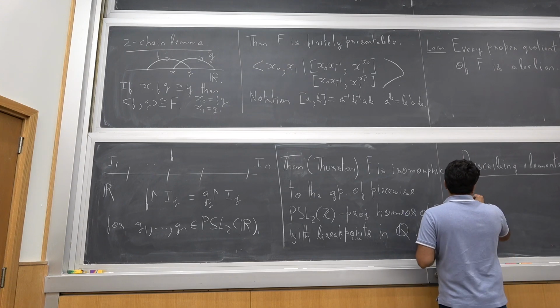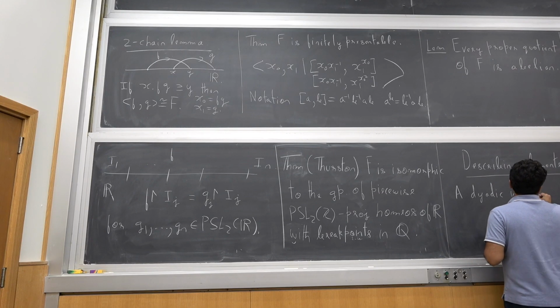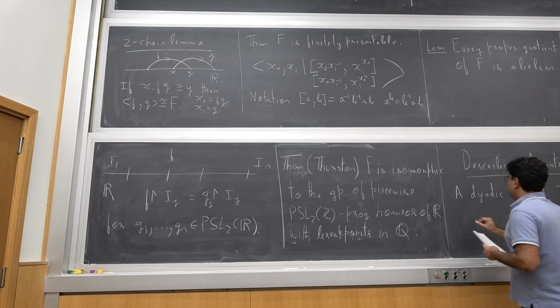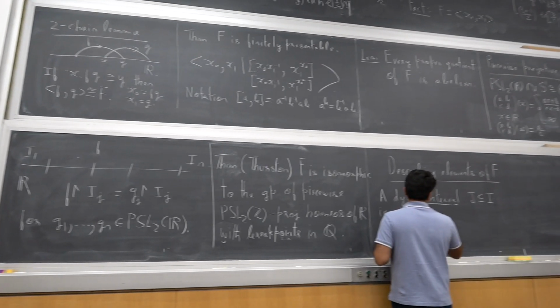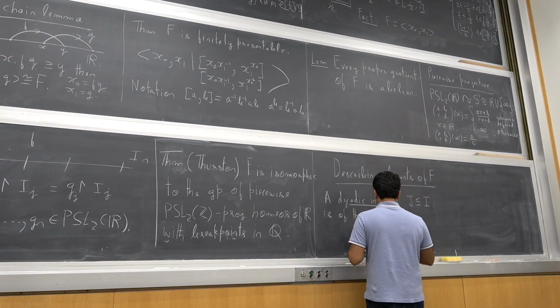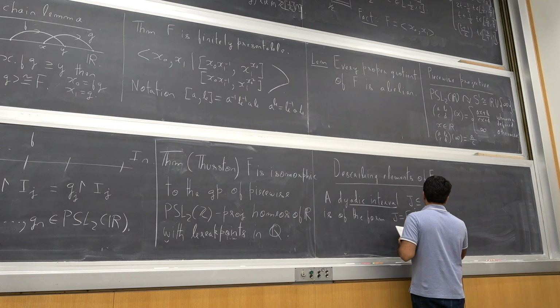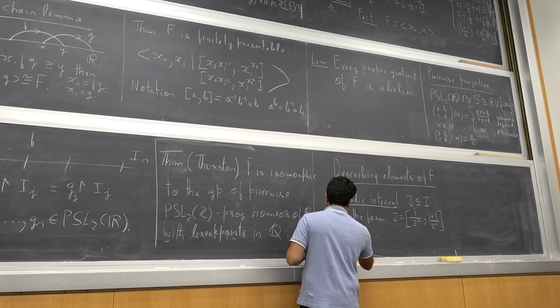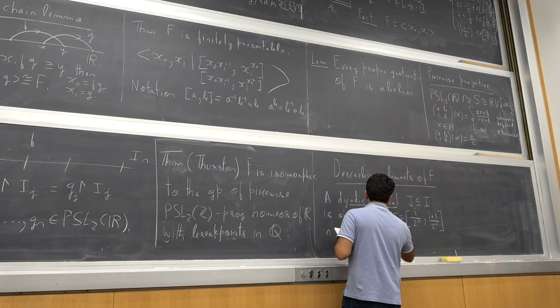So a dyadic interval J, a subset of the unit interval, is of the form, for some n at least 0 and i between 0 and 2 to the n.